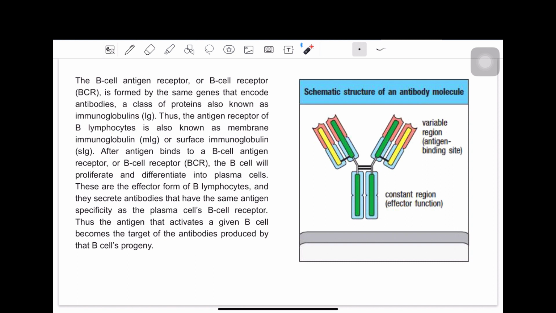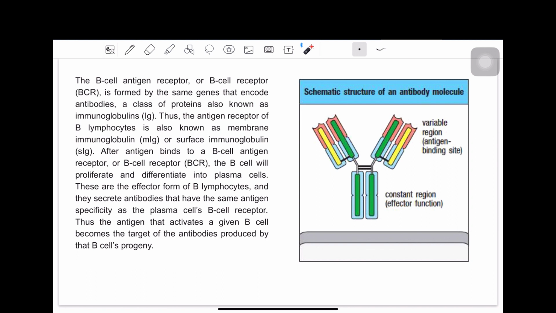The antigen receptor of the B cells is known as the membrane immunoglobulin because it is bound to the membrane. So the cell surface receptor on the B cell is attached to the membrane.